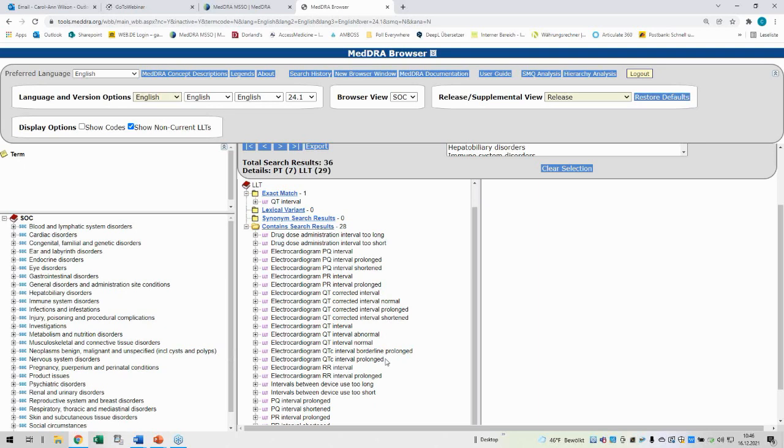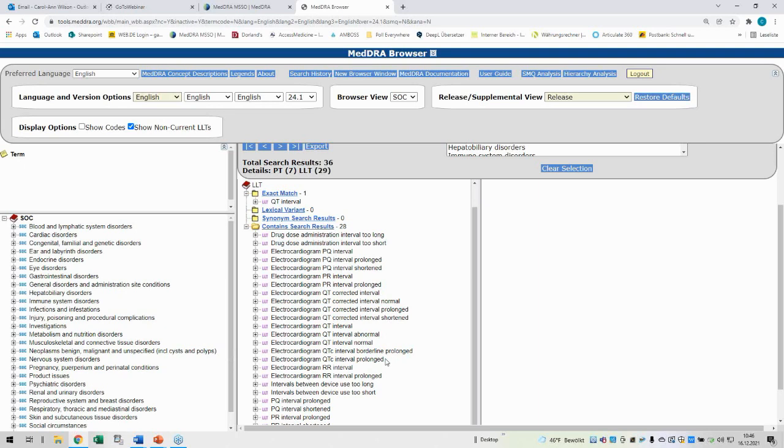The QT interval represents the time it takes for the ventricles to depolarize and repolarize, so contract and relax. And the QT interval is longer with a slower heart rate and shorter when the heart rate is faster. So it makes sense to take this into account.